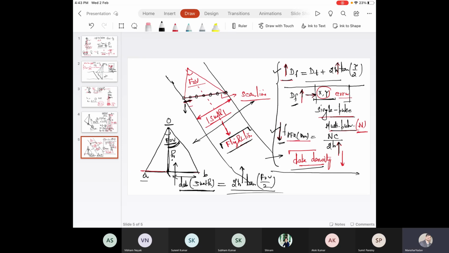So in X, Y, and Z, error will increase from the higher altitude. Data density will decrease, but at the same time, that survey can be performed at a lower cost.